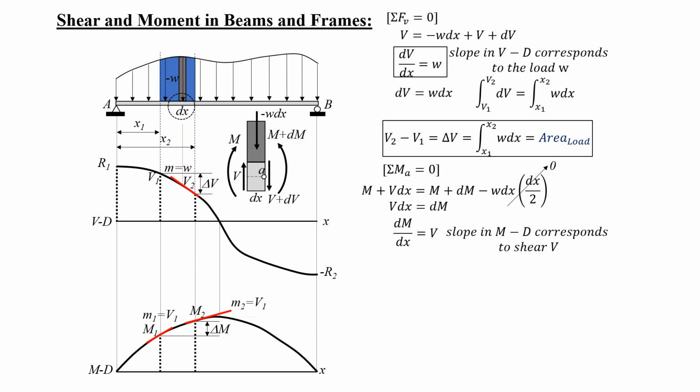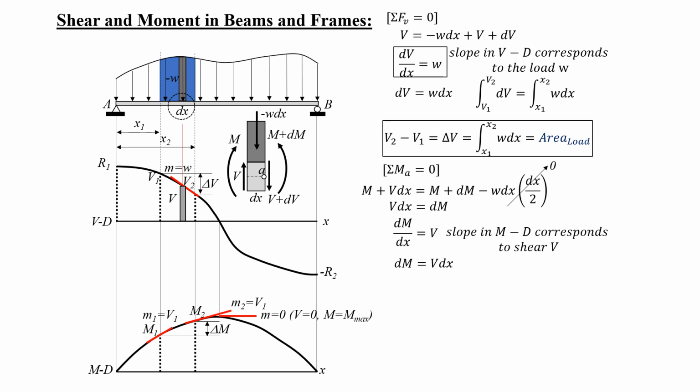So the tangent at this point here at M1 is equal to shear 1, which is positive. The tangent at point M2, which is shear 2, is positive but lower in magnitude than V1. That's why at this point where shear is 0, the slope is horizontal, because the slope of a horizontal line is 0.